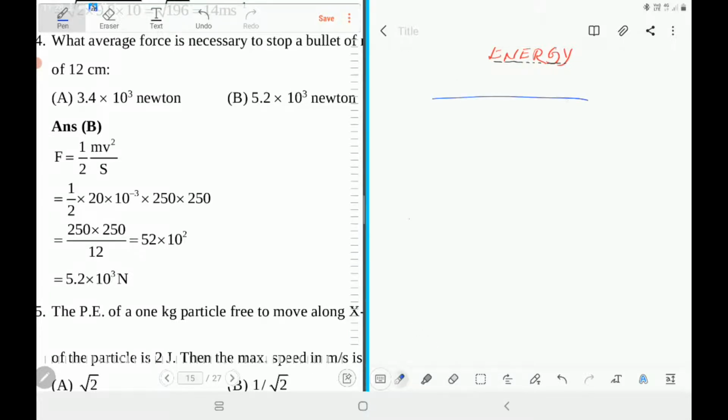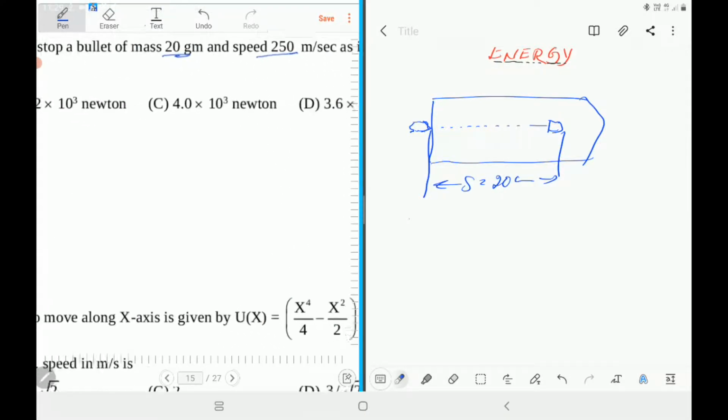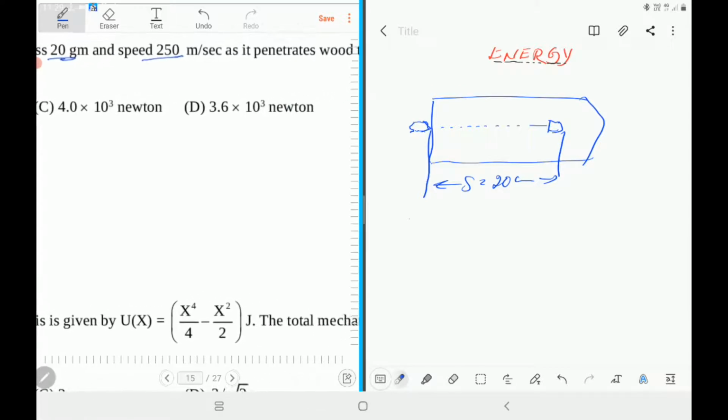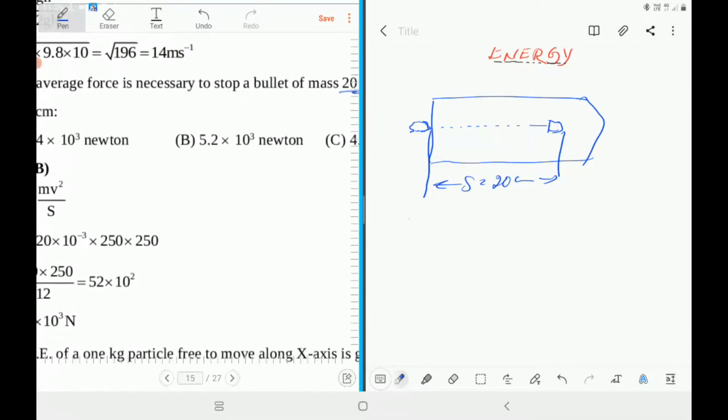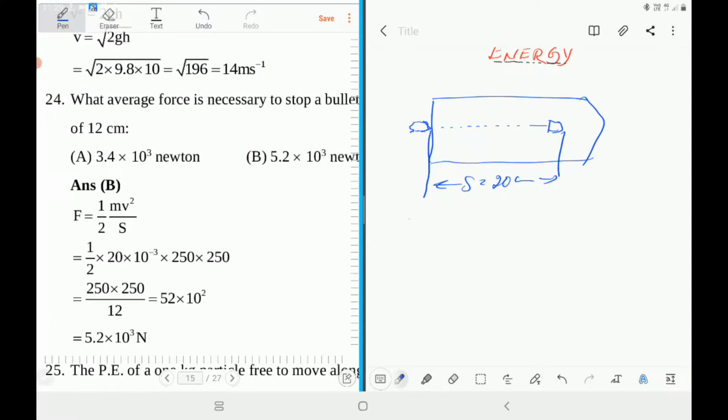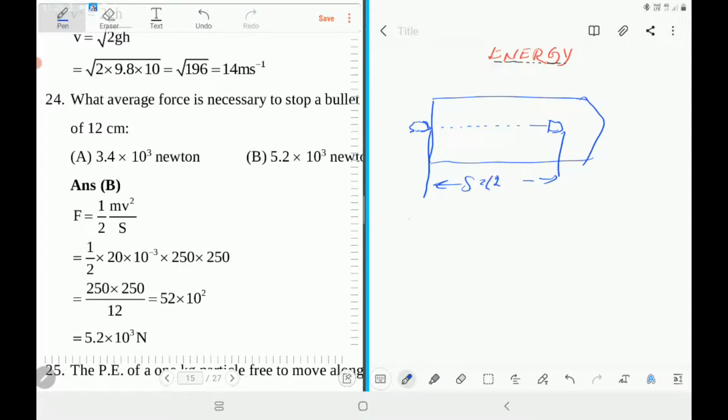There is a wooden block, a bullet enters from here, and it penetrates through a distance of, he says, 20 centimeters. What is the distance covered by it? Sorry, 12 centimeters, not 20, it is 12, correct. And what is the mass of the bullet?